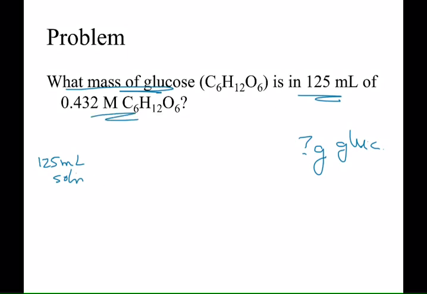Now we've been using molarity to get back and forth between moles of solute and liter of solution. So do you see where I can go from milliliters of solution to liters of solution? Of course, using the relationship of 1,000 milliliters is equal to 1 liter of solution. And then do you see where I can go from liters of solution to moles of glucose?